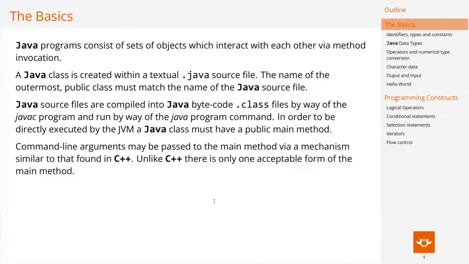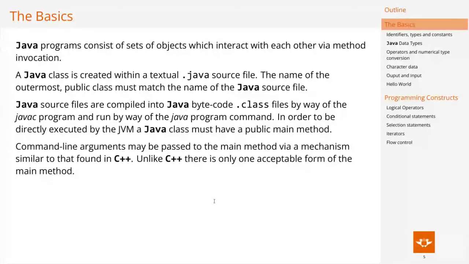So in terms of the basics, we already covered this very briefly during the practical lecture on Tuesday. We have Java code written in .java files, and we have to make sure that the name of the outermost public class matches the name of the Java source code file. When it says outermost, that's going to be an important term when we get to working with advanced object orientation and we start learning about inner classes.